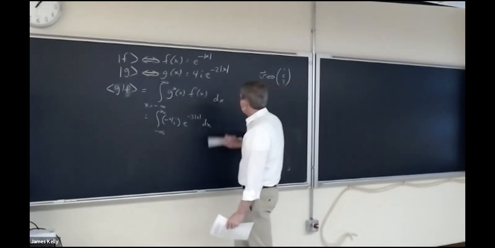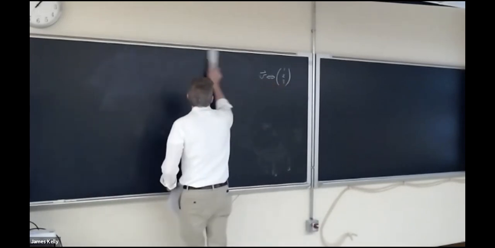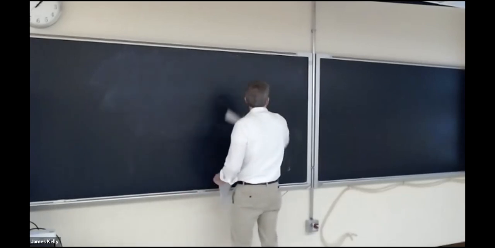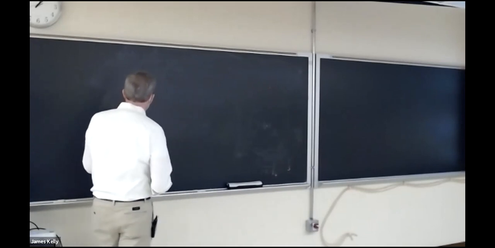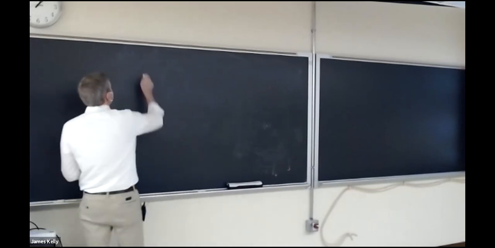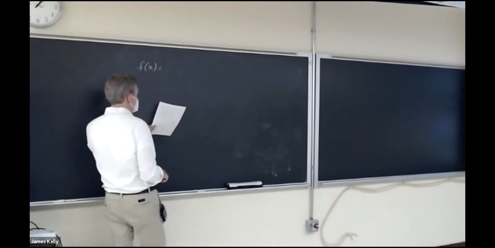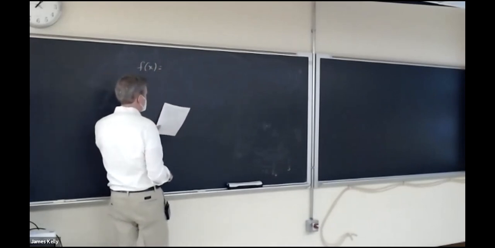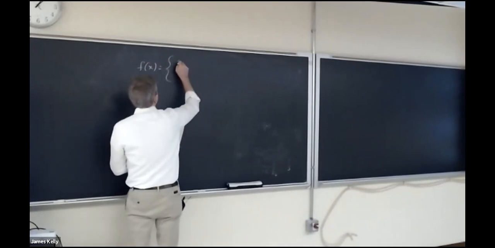Part B asks for a representation of a vector as a function of x that is going to be orthogonal. That means it has an inner product of 0 with this function. So this is the state f being represented by this function of x. It looks familiar.